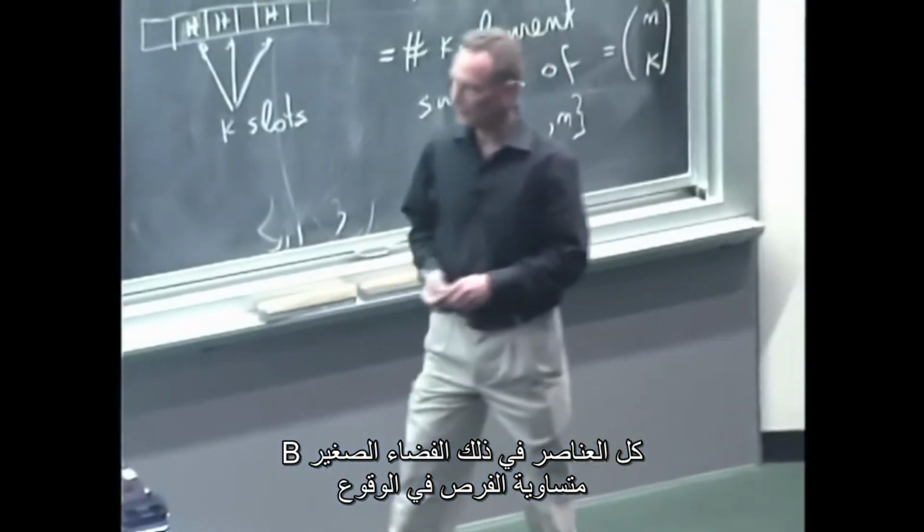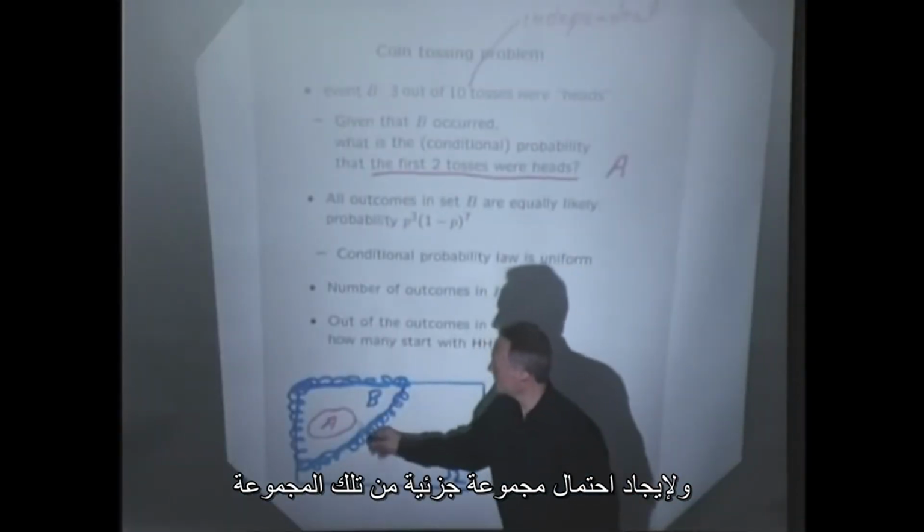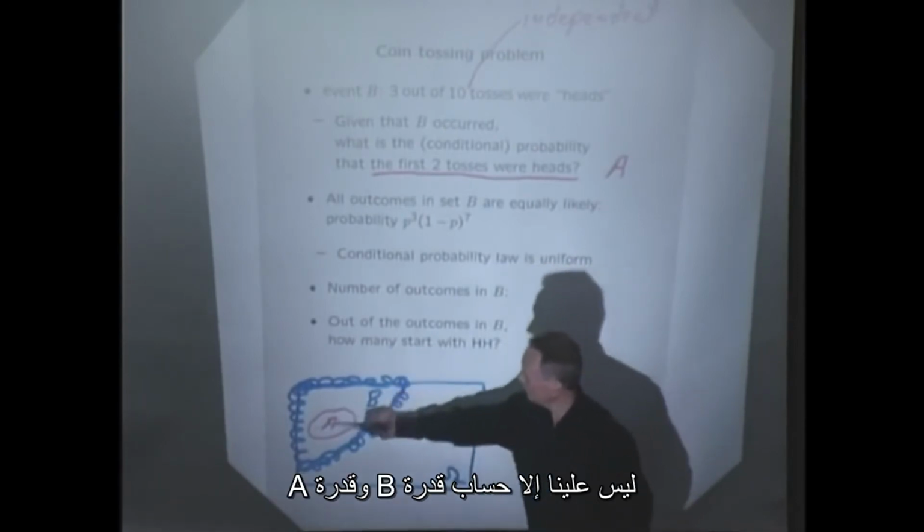So to deal with this problem, we need to just transport ourselves to this smaller universe and think about what's happening in that little universe. In that little universe, all elements of B are equally likely, so to find the probability of some subset of that set, we only need to count the cardinality of B and count the cardinality of A.